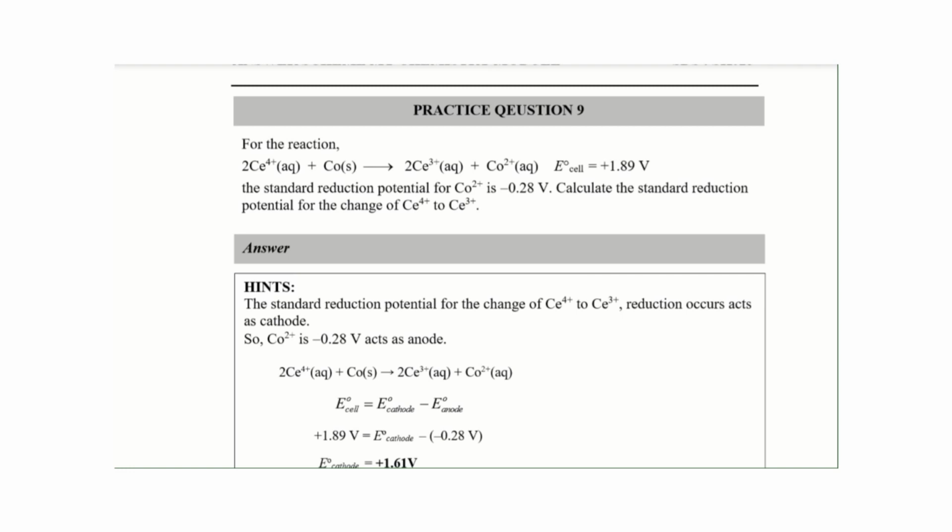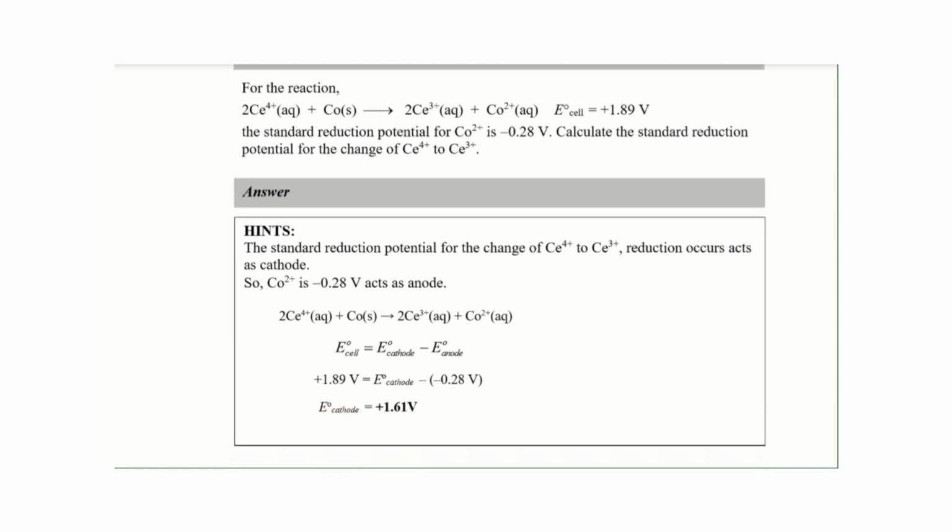Practice question 9. We have the overall equation and E0 cell. The standard reduction potential for cobalt ion is negative 0.28 volt. Calculate the standard reduction potential for the change of Ce4+ to Ce3+.